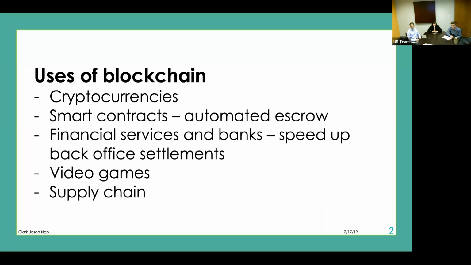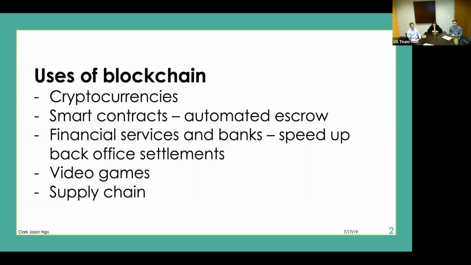Uses of blockchain. So if we go back here, I don't know much about escrow, but with smart contracts, you can automate them. For financial services and banks, you speed up back office settlements. So even internally, you can have, let's say, Goldman Sachs, they have their own blockchain to serve that purpose.